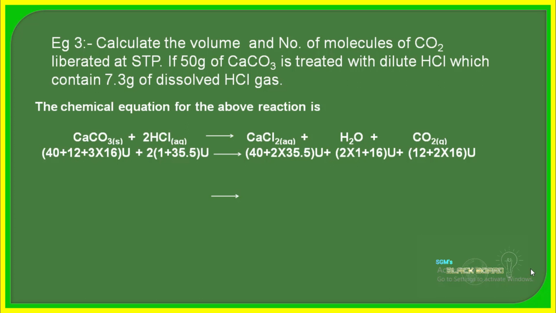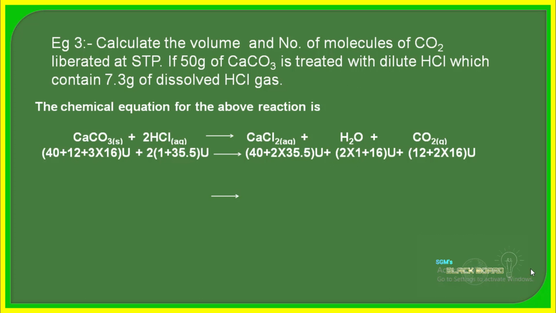Here the atomic masses are calcium 40 units, carbon 12, oxygen 16, hydrogen 1, chlorine 35.5. Let us first calculate the total mass of each compound.